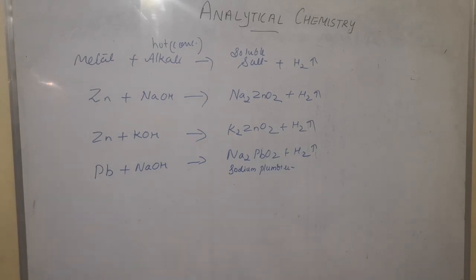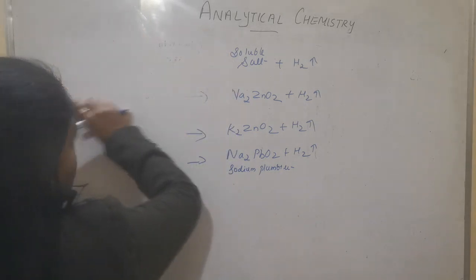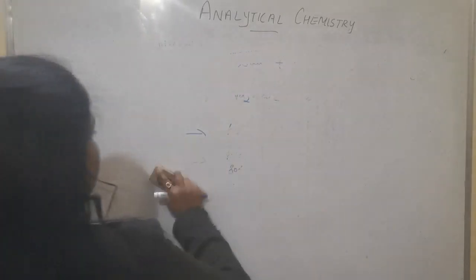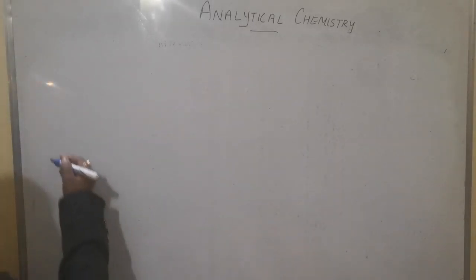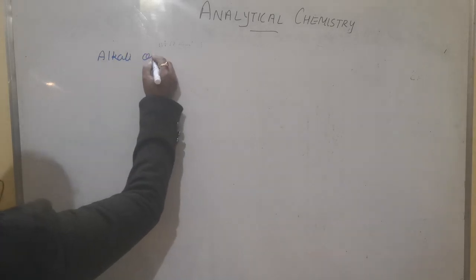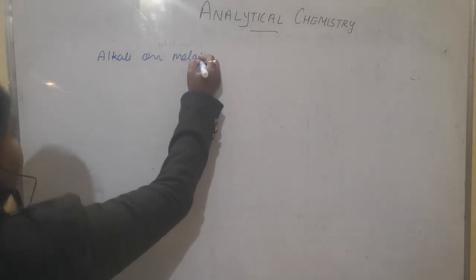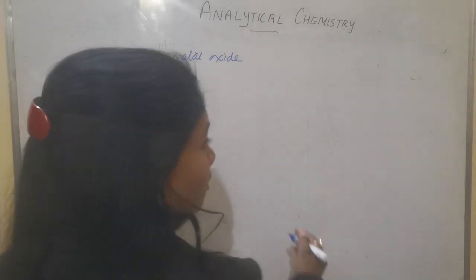Now next topic is action of alkalis on metal oxide. See, we know that metal oxides are basic in nature because when they dissolve in water, they produce a base. Metal oxides. Try to recall what are metal oxides.